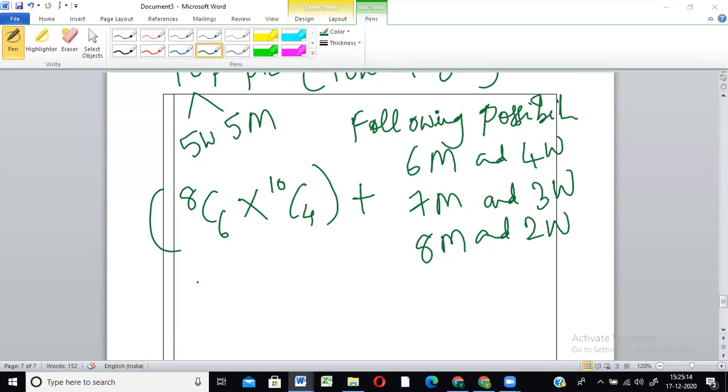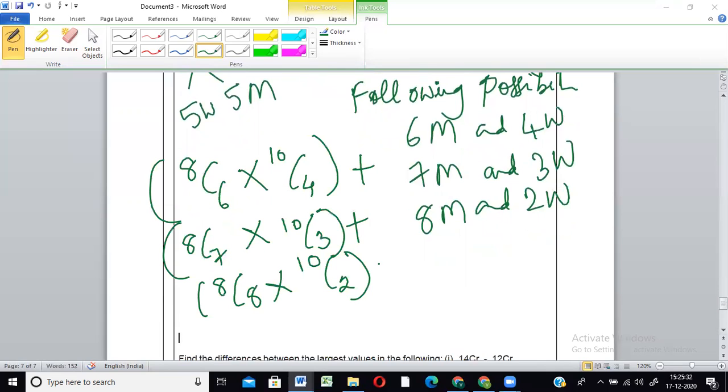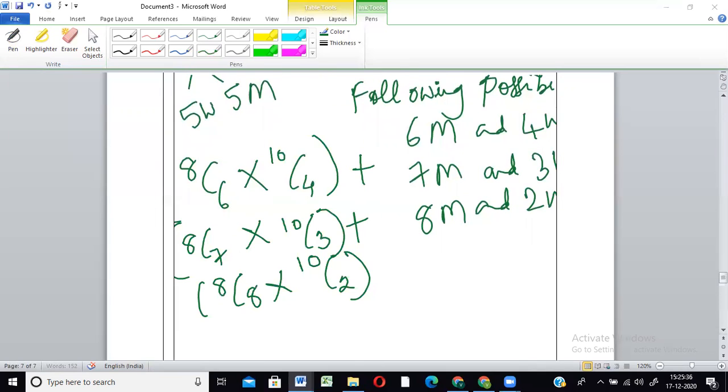This 7 men were selected from 8 men, into 10 women taking 3 women. Likewise, the last one. This is how much? 10C2. Yes. Okay, so now we're going to find out the values of the individual brackets and then we are done.